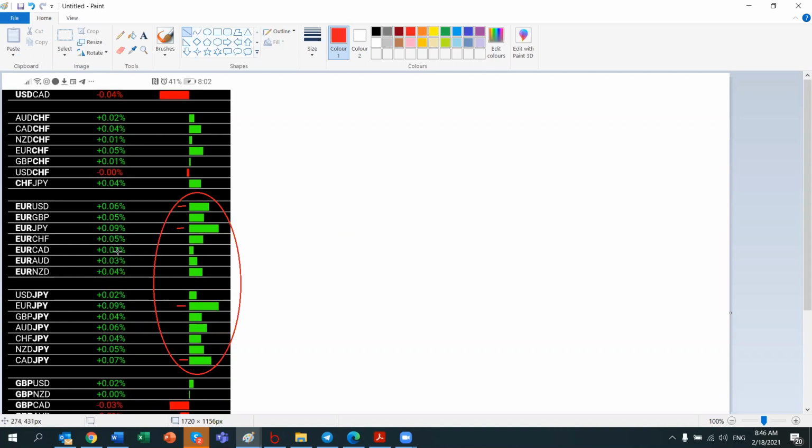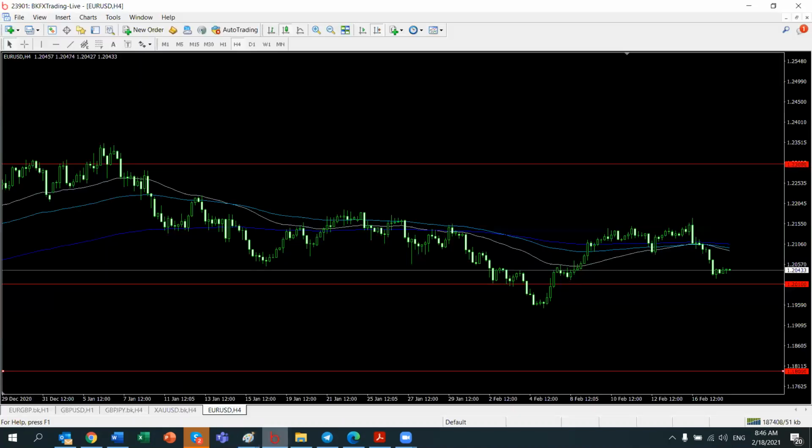So here, for example, we have Euro USD and Euro JPY, especially Euro JPY, amongst the ones quite high in terms of participation on the buy side. So that's why it's not reflected yet here, even though we're looking at a potential of prices coming down here.